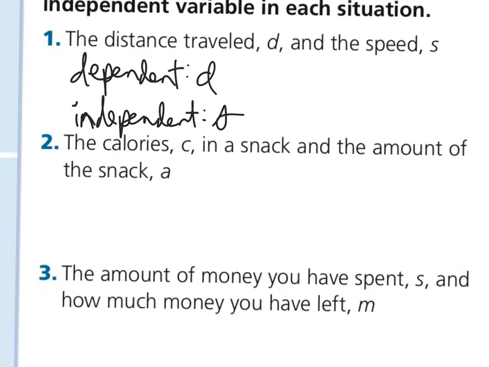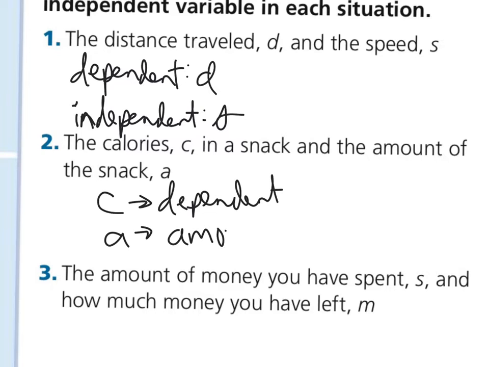Number 2, calories C in a snack and the amount of the snack. So does the amount of calories depend on the amount of the snack, or does the amount of the snack depend on the calories? So this one actually is going to be the calories are going to be dependent on the amount of the snack.